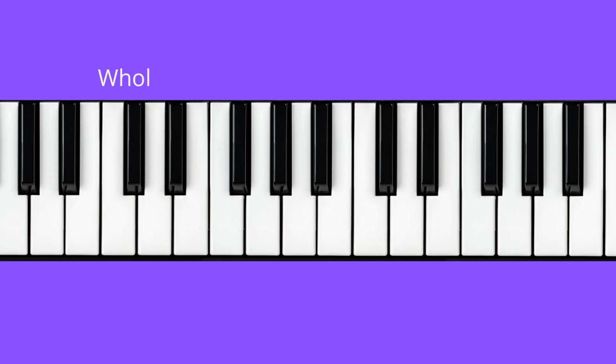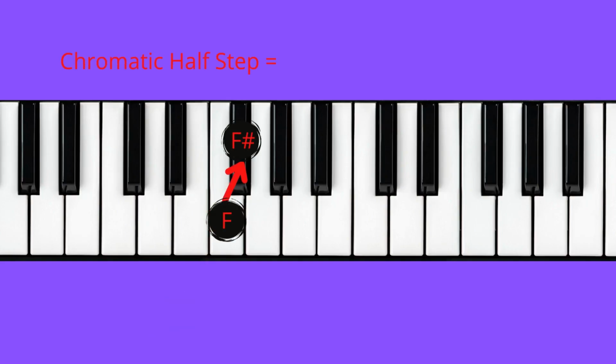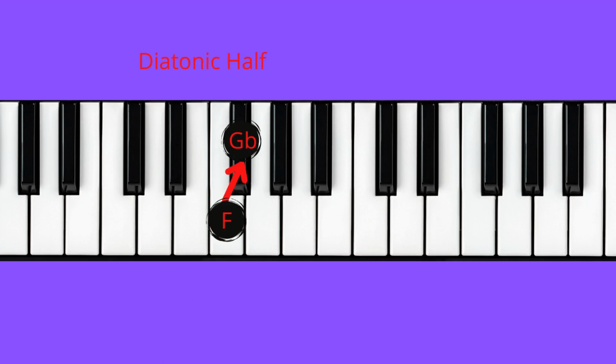A half step between two pitches with the same name but different accidentals, for example F and F sharp, is called a chromatic half step. A half step that uses two different note names, for example F and G flat, which is the same kind of sound, is a diatonic half step.